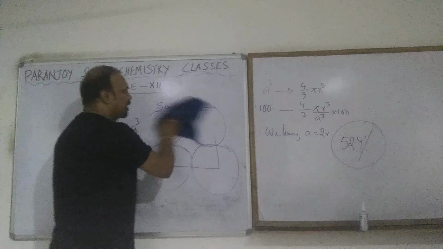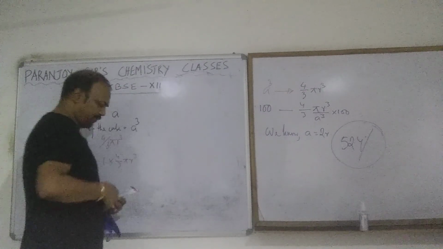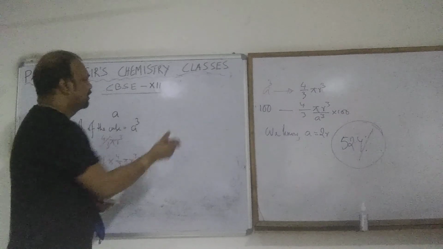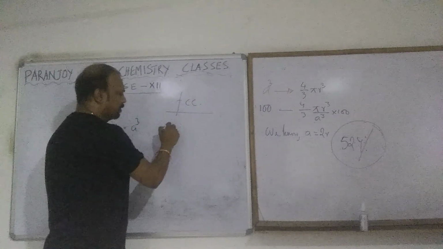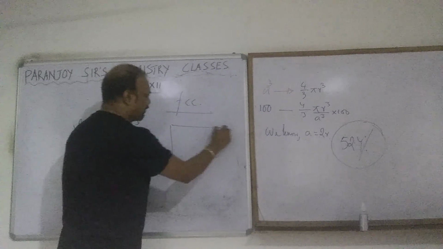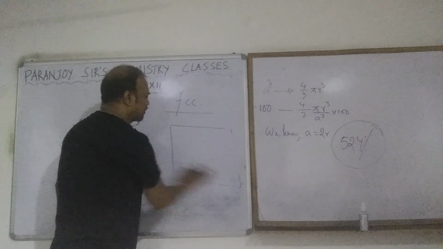Now again I am drawing it for the FCC. Will it look like this? If you know the geometry, you can very easily do it. This is one face of FCC. Let me draw it a little small.